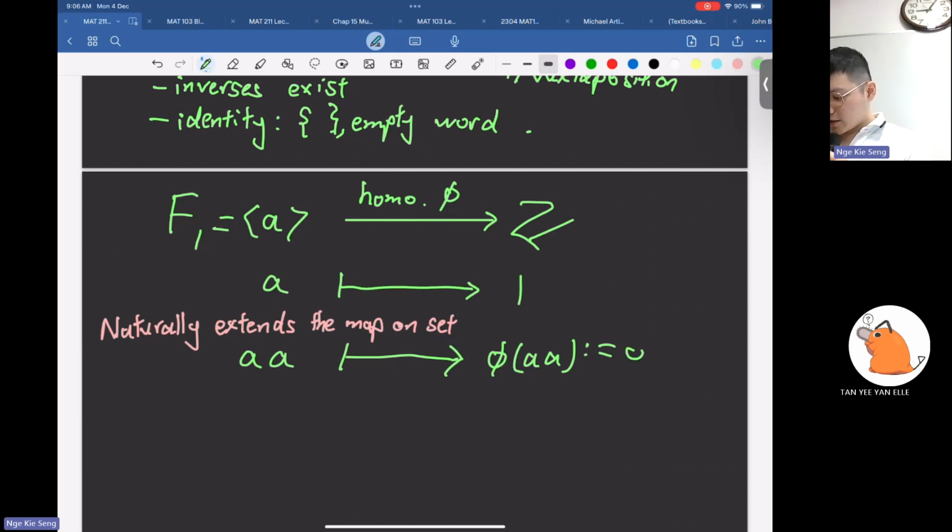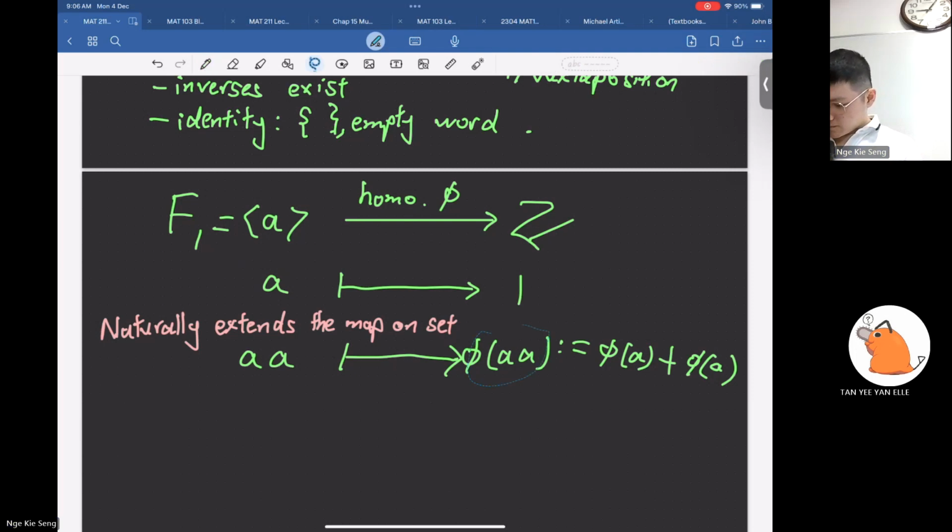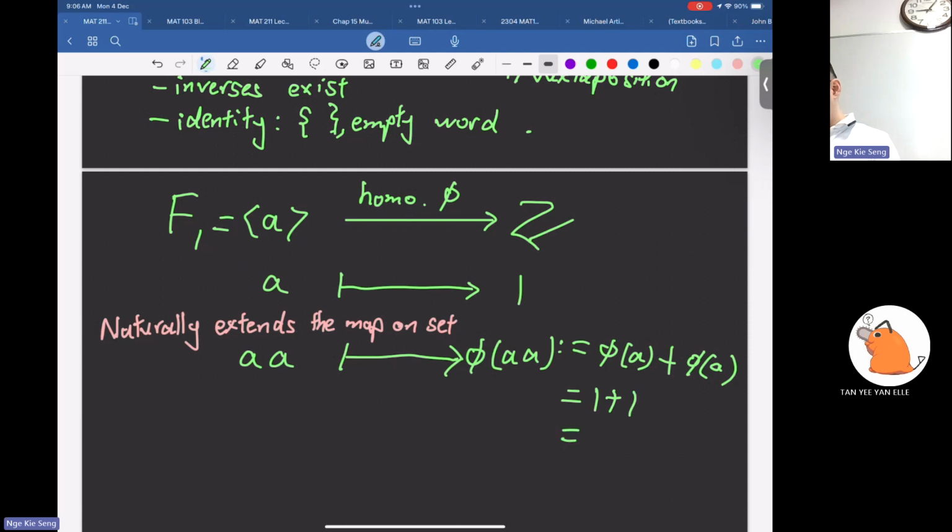I define it to be phi A times phi A. But this multiplication here is in Z, so it becomes a plus, because the codomain of phi is Z. Since I know where A goes, phi A plus phi A is 1 plus 1, which is 2.